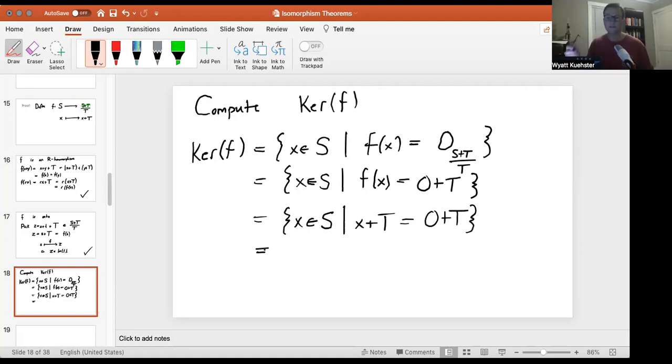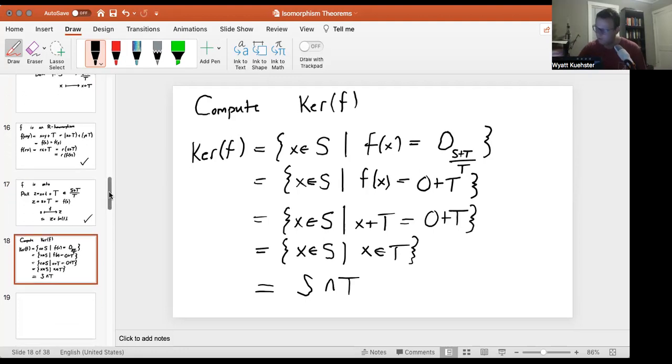Meaning x minus 0 is in T. That's what it means for those cosets to be equal. So these are the x in S such that x is in T. But that's the same thing as S intersect T. It's the intersection. Okay, so we computed the kernel of F.